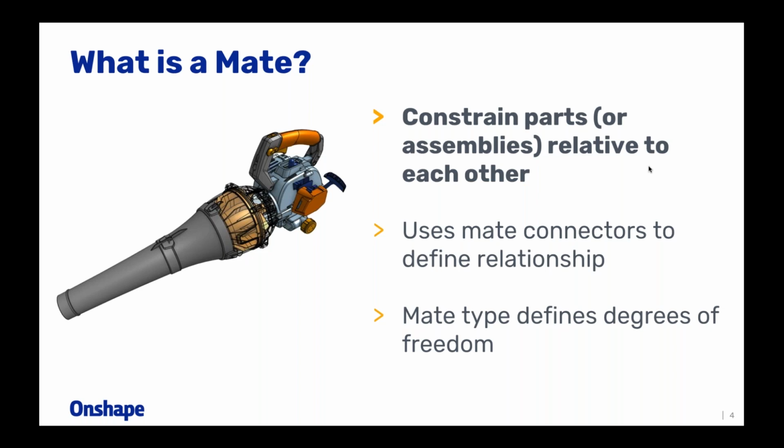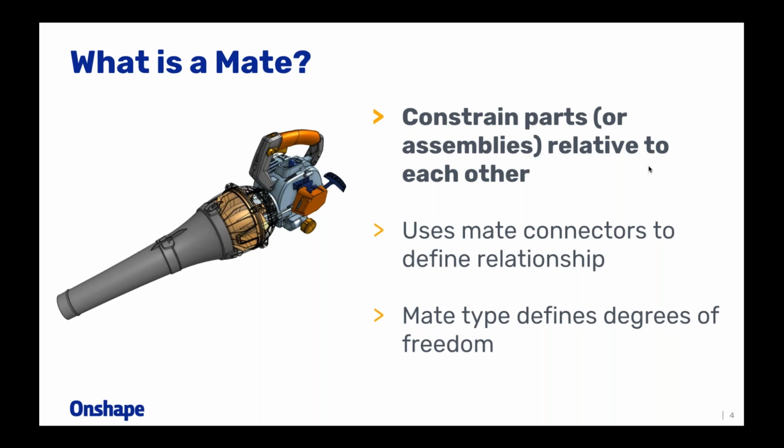It's been around for a very long time in a number of different CAD systems. What is a little bit different is how we create the mates. We use a mate connector to define the relationship. And I know there are a lot of older CAD systems out there that don't use mate connection points. They use faces or combinations of faces to define a part's relationship. So that is a bit different than say a SolidWorks, for instance.